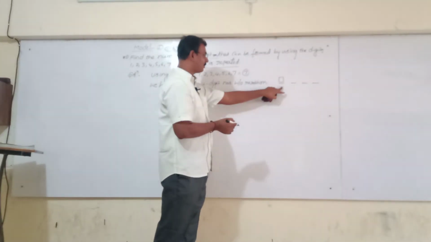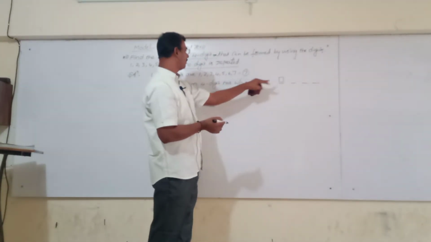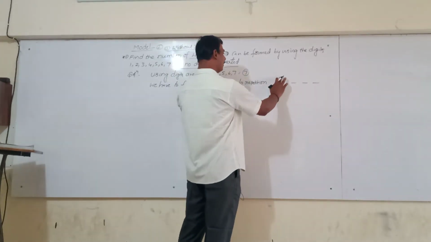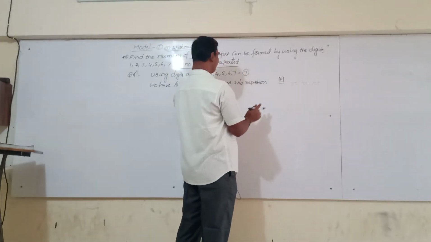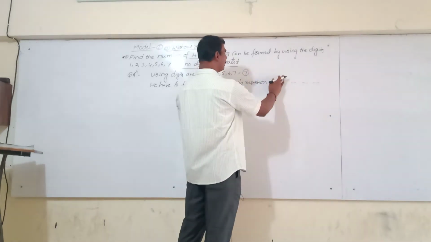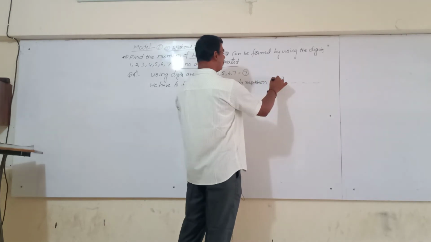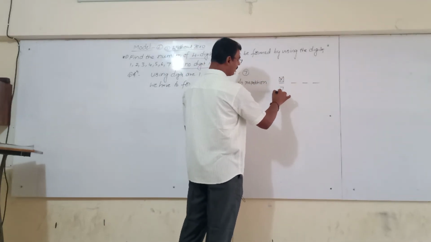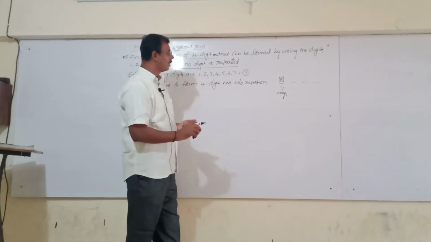If I start from the left side, how many ways could I fill? One number, one way. Can I fill 2? Two ways. Can I fill 3? Third way. So how many ways can I fill this first place? 7 ways. Clear?